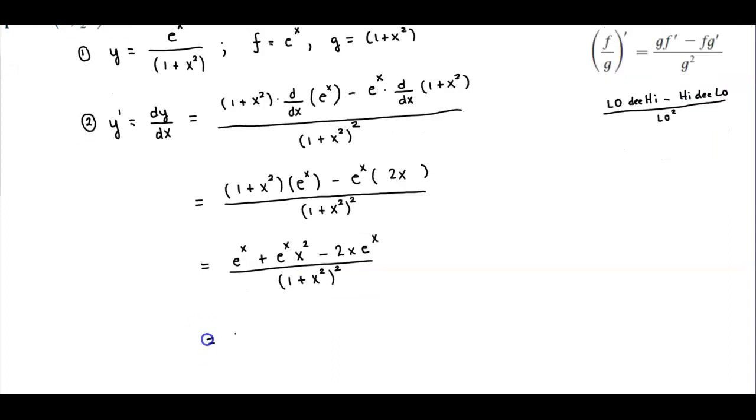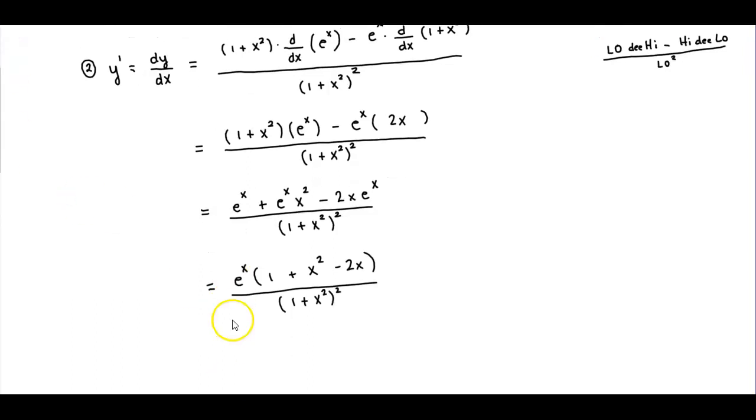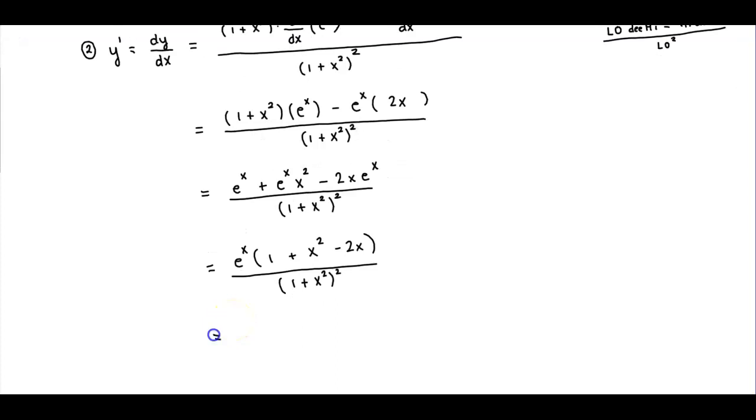So now we know that we have an e to the x that we can factor out. When we factor out, we end up with 1 plus x squared minus 2x divided by 1 plus x squared squared. Okay, now just doing a few different extra steps, we should see that what's in parentheses represents a trinomial, which is a perfect trinomial that we can actually factor.